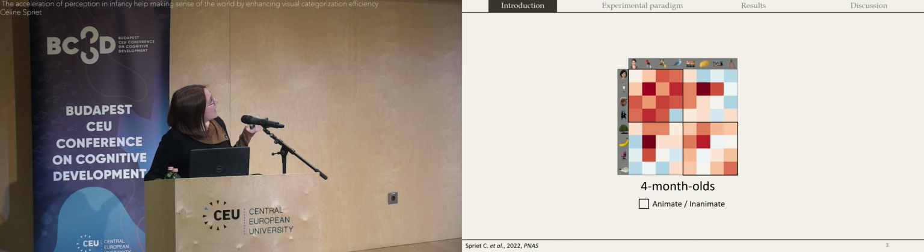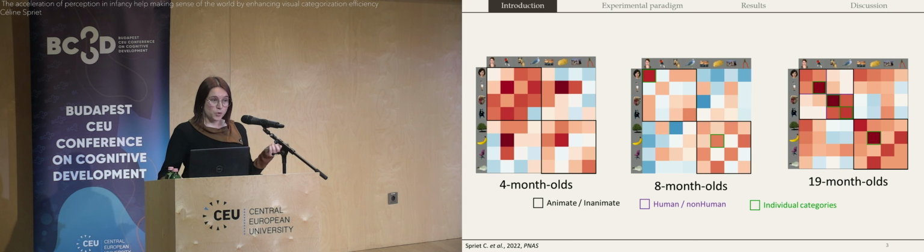Interestingly now, as infants get older, they actually represent more and more spontaneously in their behavior categories and finer-grained categories. And this made us think that they actually, for doing that, integrate more and more visual features together, so that the more visual features you are able to integrate, the finer the representation of the objects, and so the better the categorization.